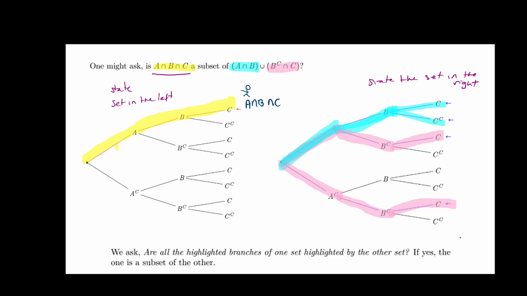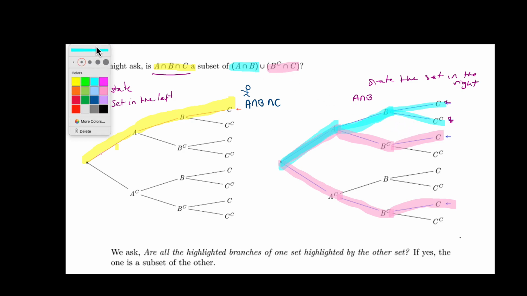Oh, but why? Well, it doesn't matter if I take this route or this route. A inter B is the union of these two routes here, right? So I have to highlight both of these routes, meaning either one of them works for me, okay?